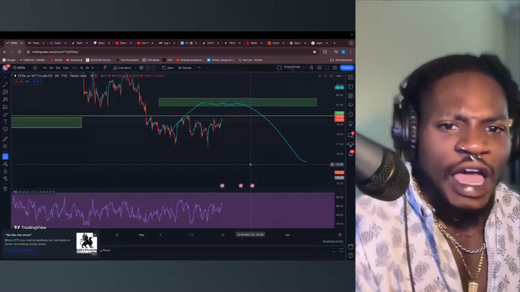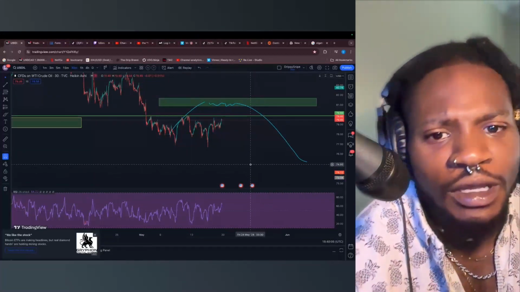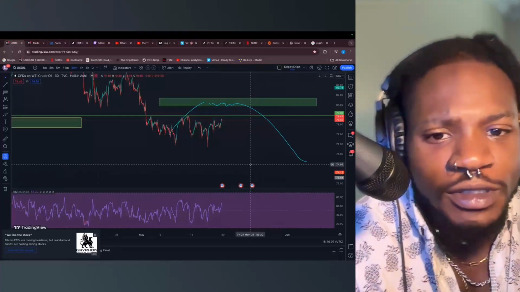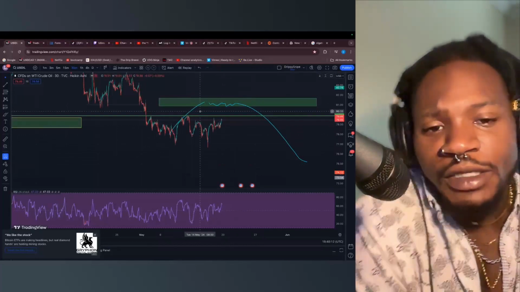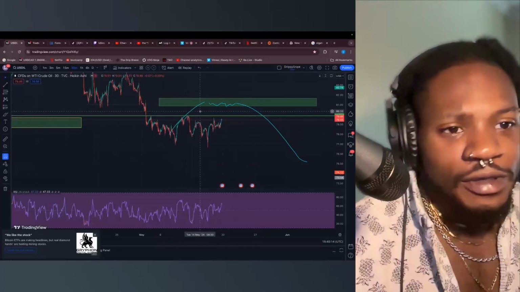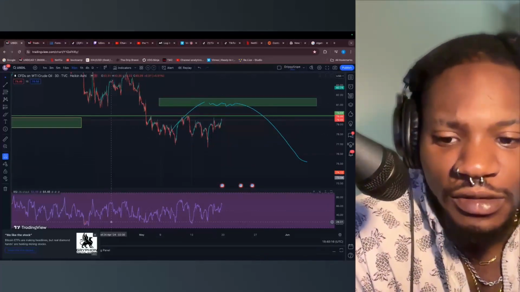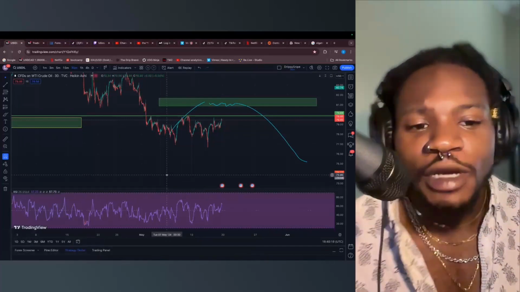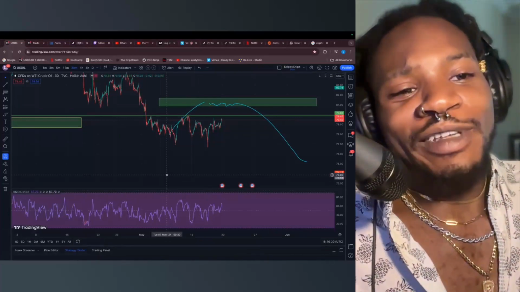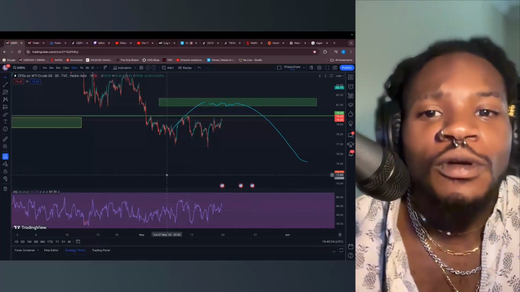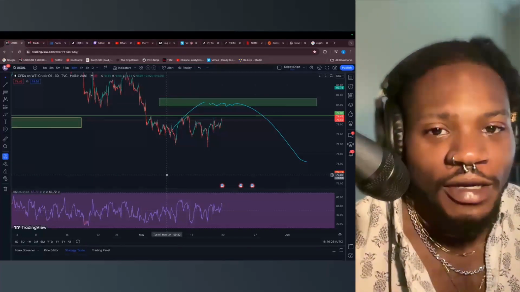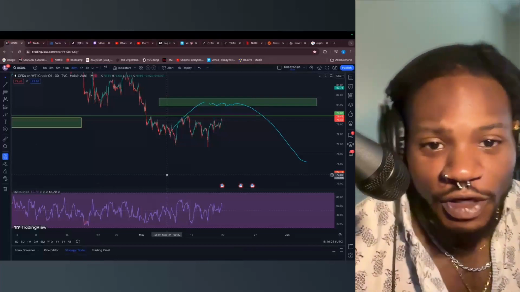Didn't move exactly how I thought it would move, but in a way it kind of is, because it bought off of these levels, but it didn't buy as high as I thought. But I mean, bias is bias. Anytime I get into a trade after we're 10, 15 pips in profit, we are stop loss break even. So understand that that's core for my trading strategies.